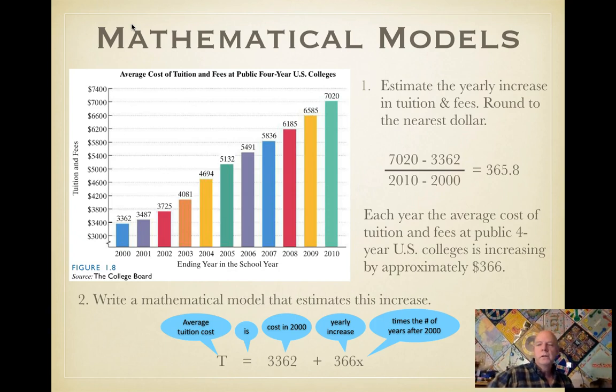Then you would plug 20 in for that X, multiply it by the 366, because that's the average annual increase, and then add it to the baseline of the 3362. So there's our mathematical model: T equals 3,362 plus 366X. Give us any year, and we can calculate approximately what the tuition cost was in that year.